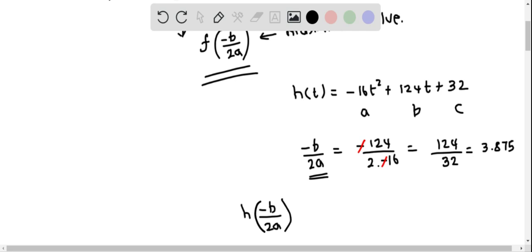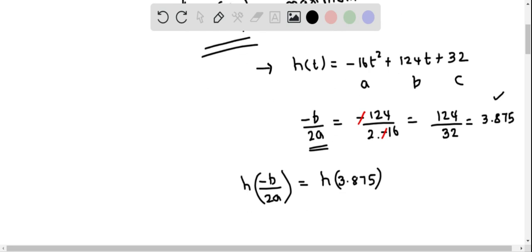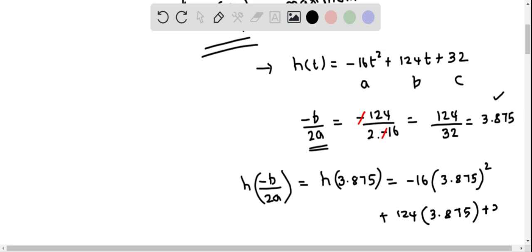So we have to find h of negative b by 2a, and we already found that minus b by 2a is 3.875. So we have to find h of 3.875. This means we replace all the values of t with 3.875 in this equation. So this equals negative 16 times 3.875 quantity squared plus 124 times 3.875 plus 32.